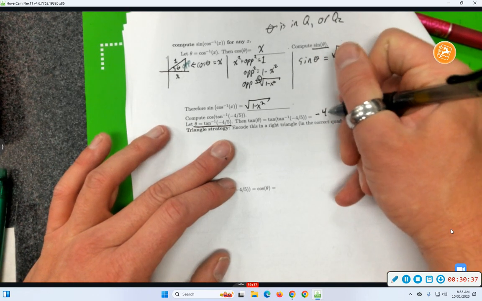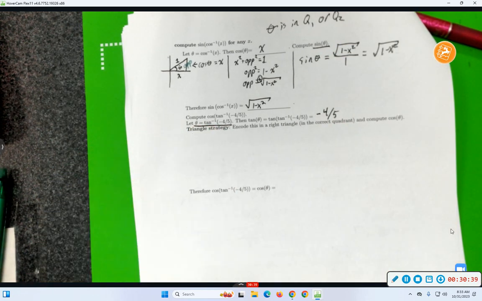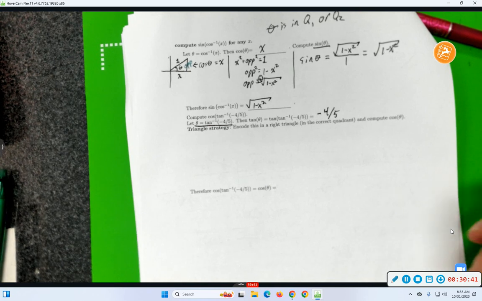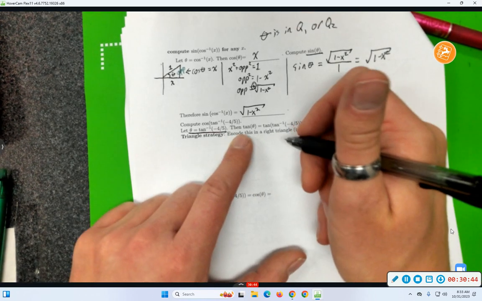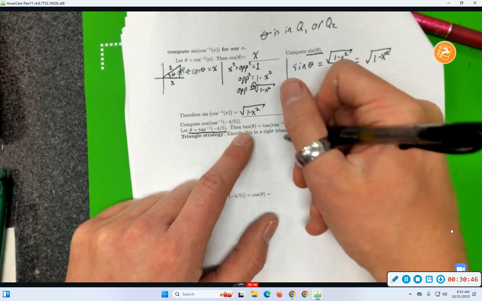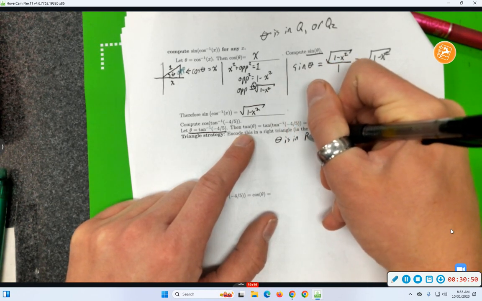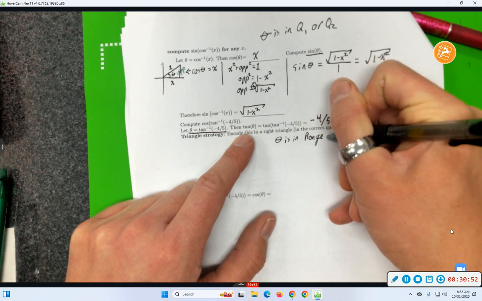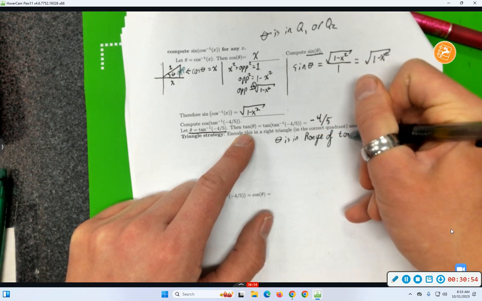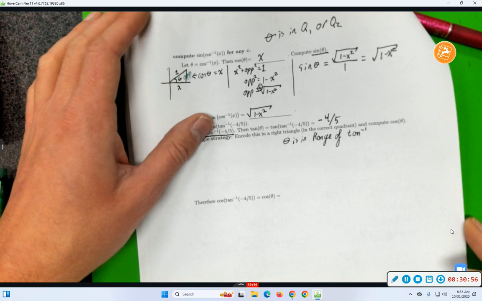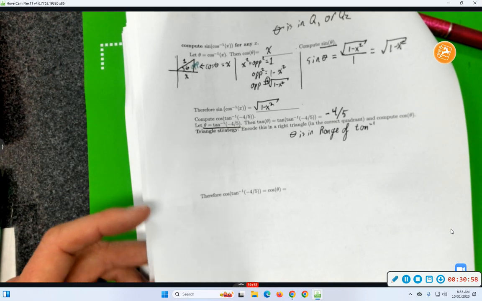Negative 4 fifths is equal to negative 4 over 5. And let's figure out what quadrant this angle is in. So theta is in the range of tangent inverse. And in case you need a reminder, let's flip back and see the range of inverse tangent.